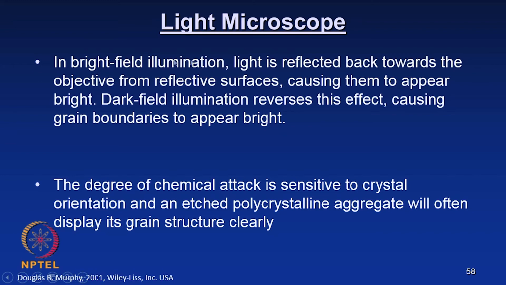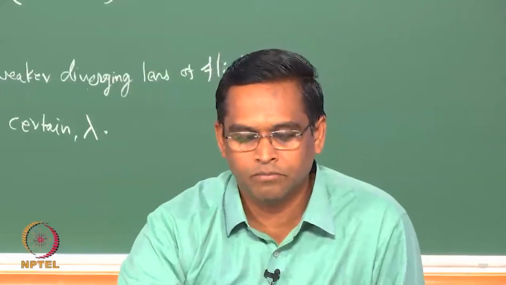I will take up these two in the actual microscopic part when we discuss a specific application, and this is just to give you an idea of what kind of basic imaging techniques there are, even in a light microscope. One is bright field illumination, another is dark field illumination.